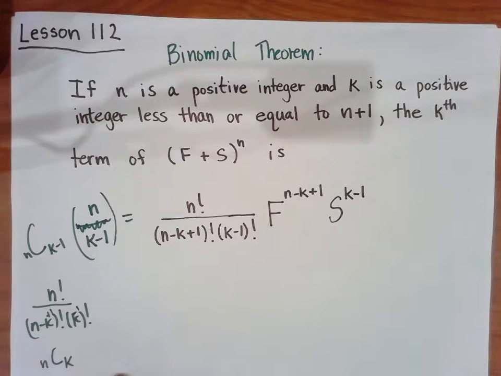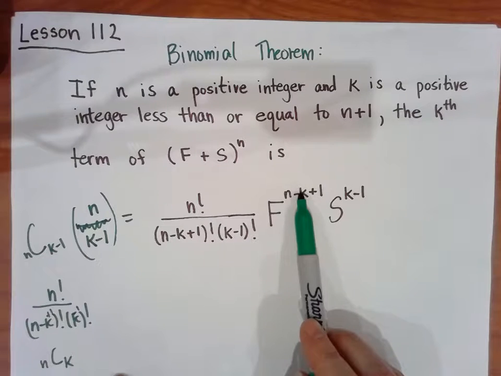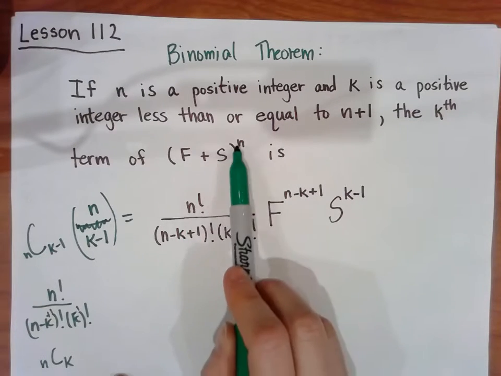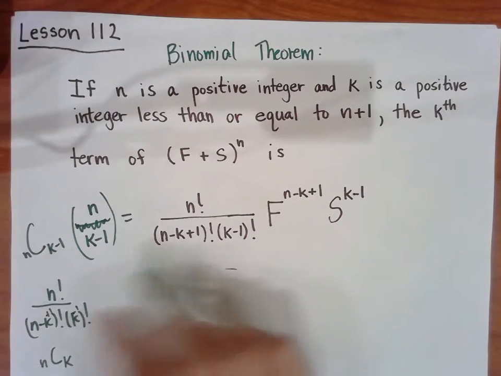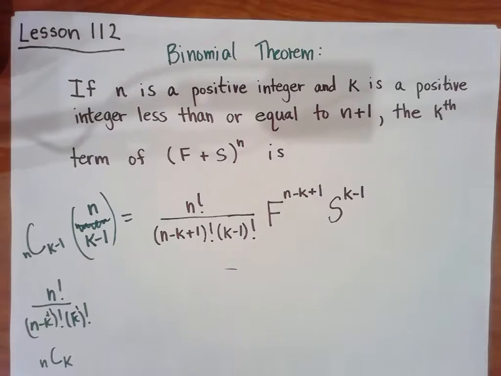These two have to add up to n because we're raising it to the nth power. So we've already used this. We just didn't write it out with n's and k's, but this is what we've been doing to find the kth term, because it's easier than using Pascal's triangle and writing out row after row after row.